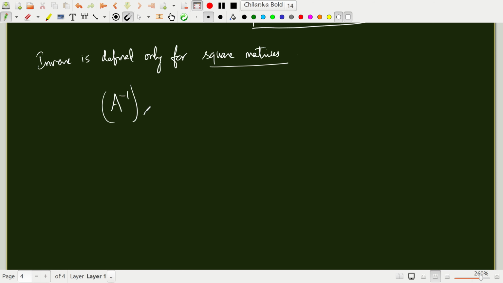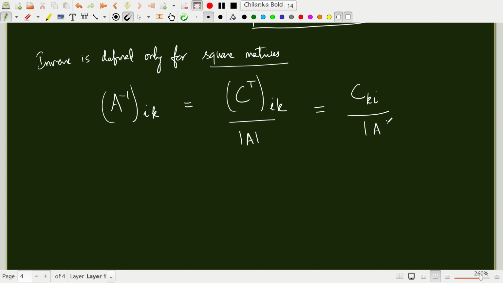The ik-th component of A inverse is the ik-th component of the transpose of the cofactor matrix, divided by the determinant of A. But the transpose ik element is nothing but C_ki, where C_ki is the cofactor of a_ik, upon the determinant of A. This is the way in which you calculate the inverse of a matrix.